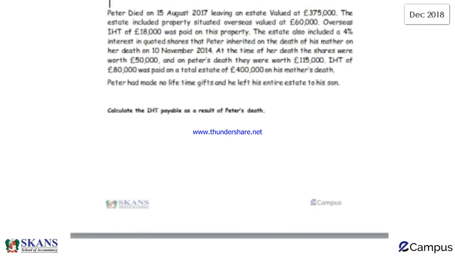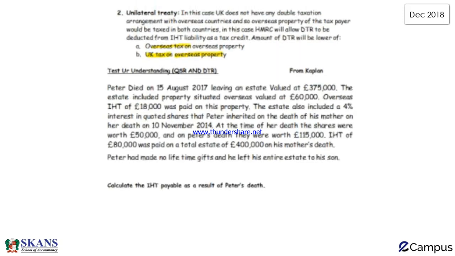Now we have an example which deals with both QSR as well as DTR. In this example, Peter died on 15th of August 2017, leaving an estate valued at 375,000. The estate included property situated overseas at 60,000. So in this estate of 375,000, there is a property valued at 60,000, which is overseas property.